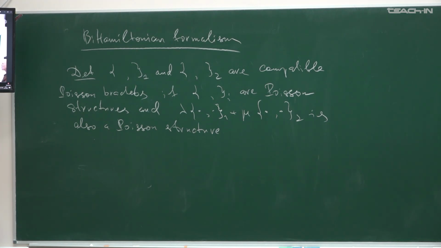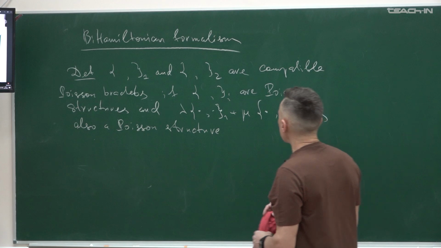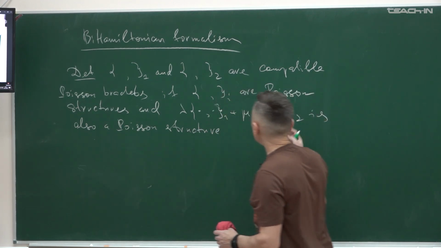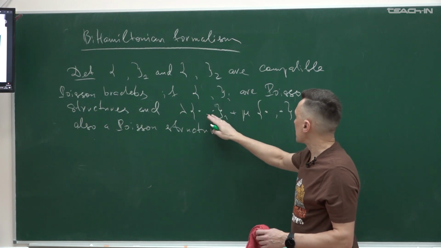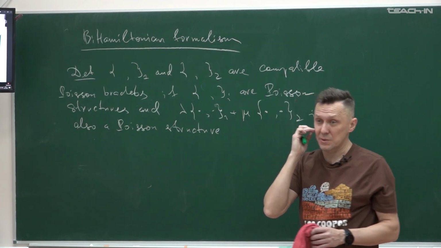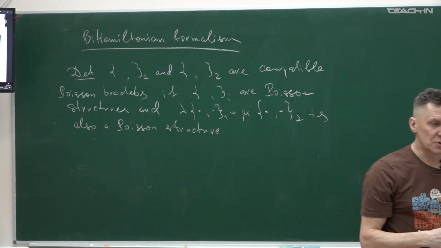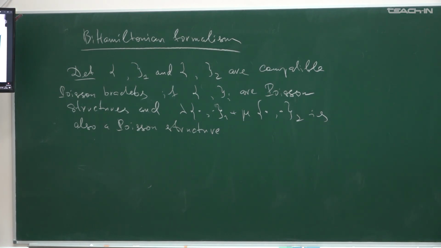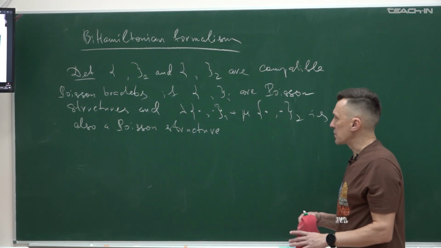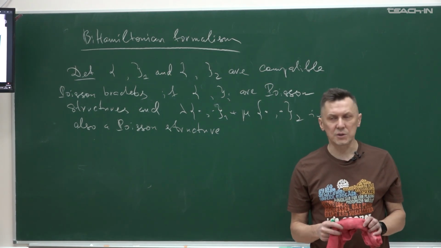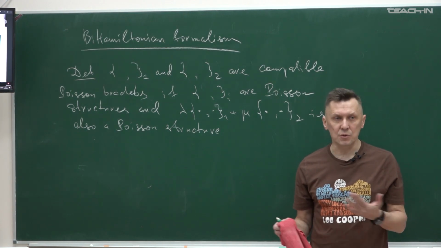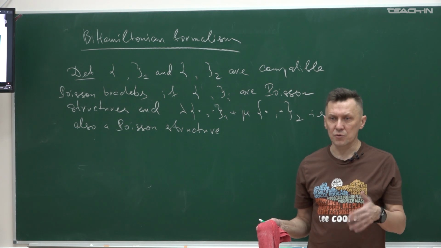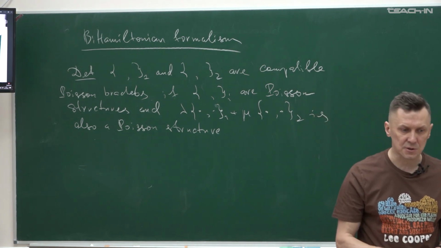Okay, so what is non-trivial if we ask this linear combination to be a Poisson structure? So the skew symmetry is obvious because it's a linear combination of skew symmetric operations, and the Leibniz rule is obvious because it's just a linear combination of two operations which are differentiations.